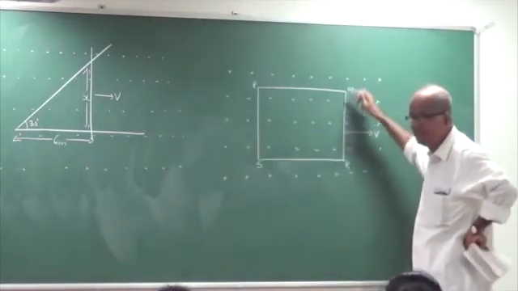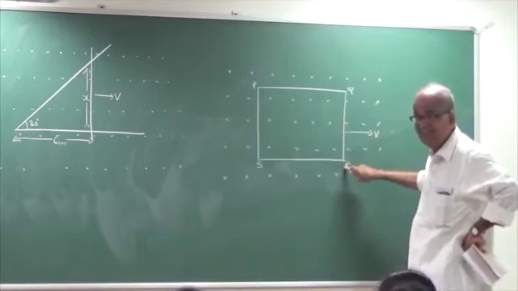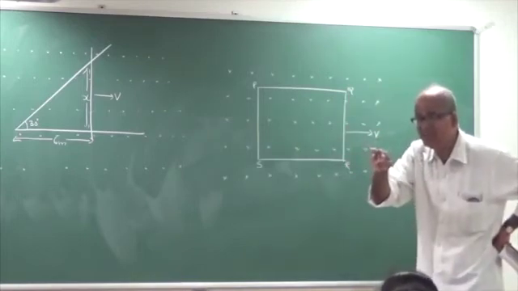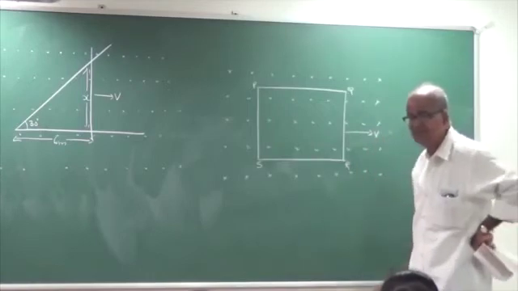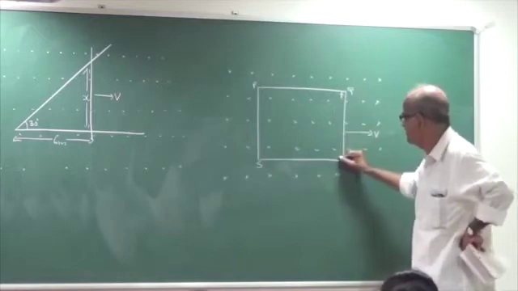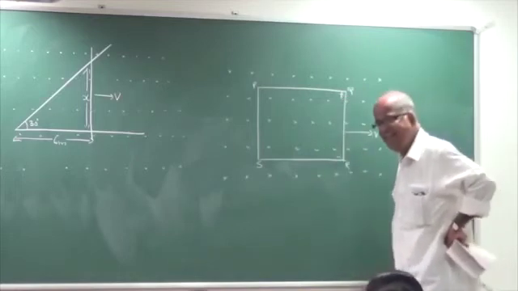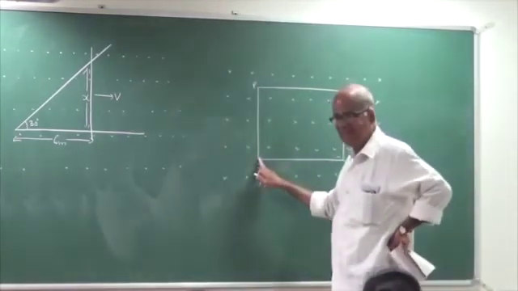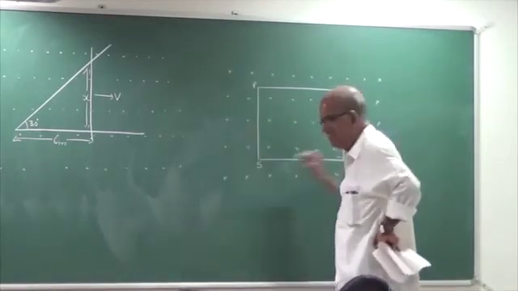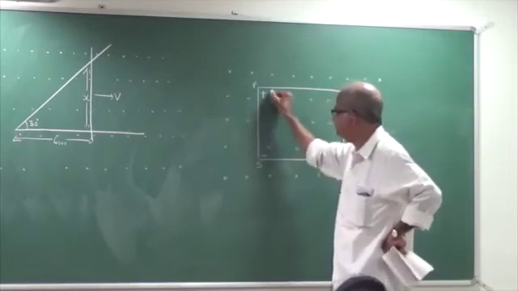This portion therefore acts as the source of EMF. It acts like a battery, no? And inside a battery, current flows from negative to positive. The induced current is in this direction, so this should be positive, this should be negative. Will you agree? Same thing should be true on this portion also, no? Right? So this is also.